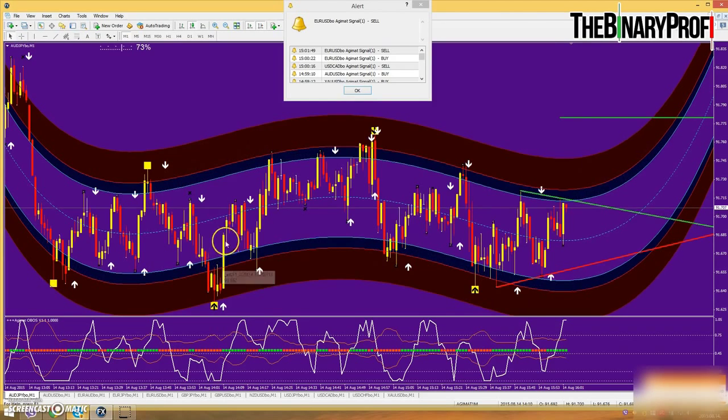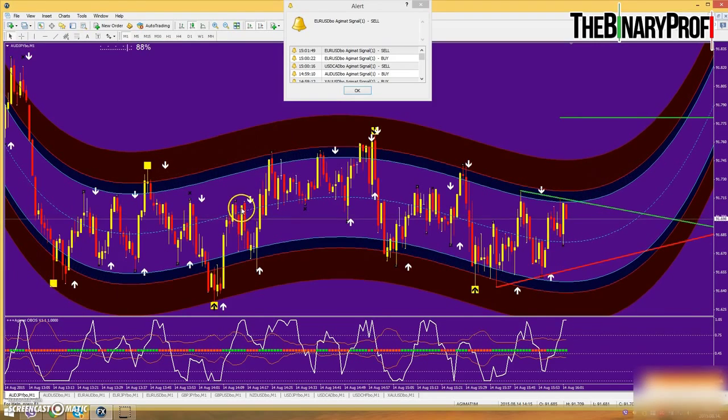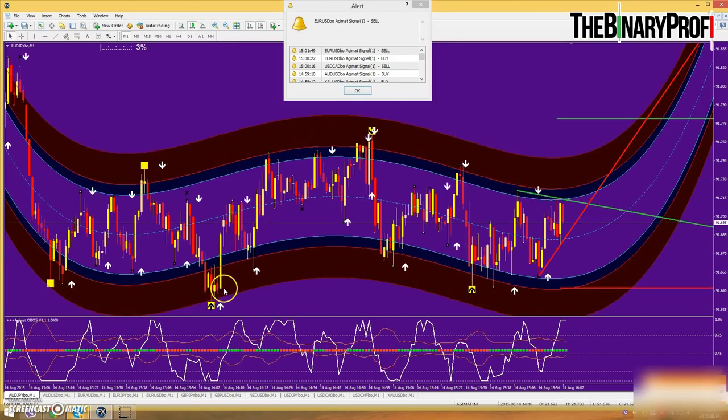Let's count till 5. 1, 2, 3, 4, 5 minutes, or you can take here 5 or 6, you have as well an ITM signal here. As you see, the arrow was in the red channel, the candle was in the red channel, it is a very strong signal and it was a bit of an uptrend.